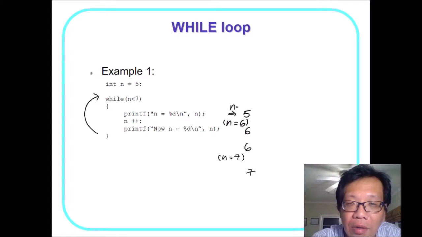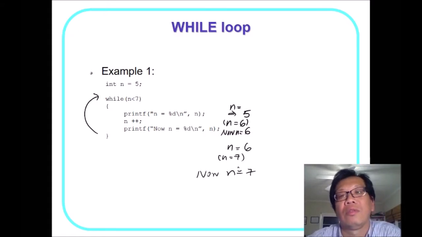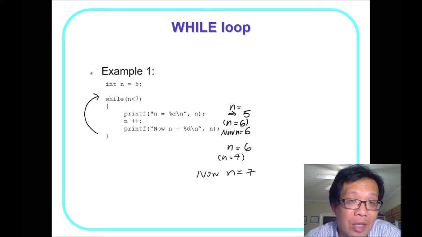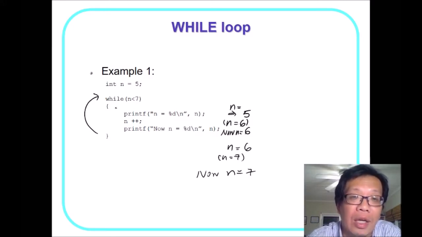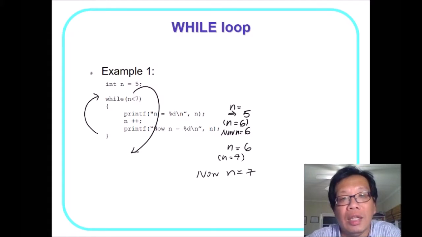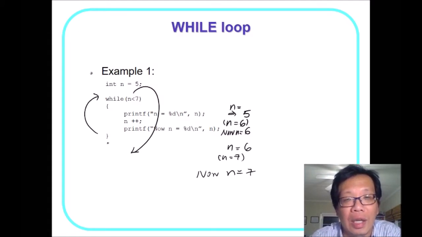Then we go back to this part again, and it's no longer smaller than 7. It does not fulfill the criterion. So it has ended, and it's not going to run the code anymore. Instead, it will go to the line after the brace.